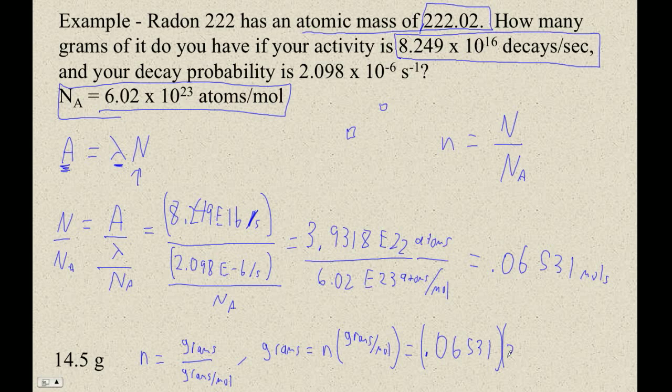I just rounded it. We know it even better than that because it's a particular nucleus, but we don't need any more precision than that. So I'm going to multiply by 222.02, and I get 14.5007. We have four sig figs, so I guess we could say 14.50 grams. Since we're in chemistry land, notice that we do get grams.